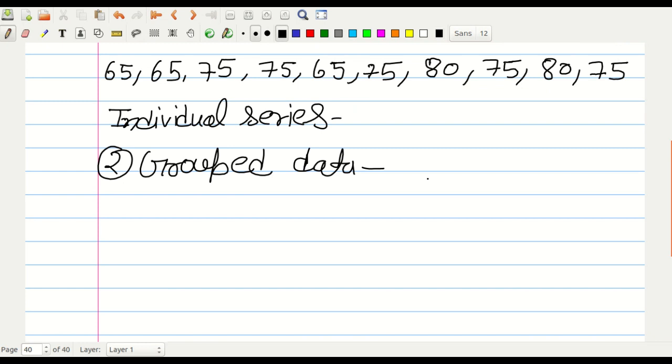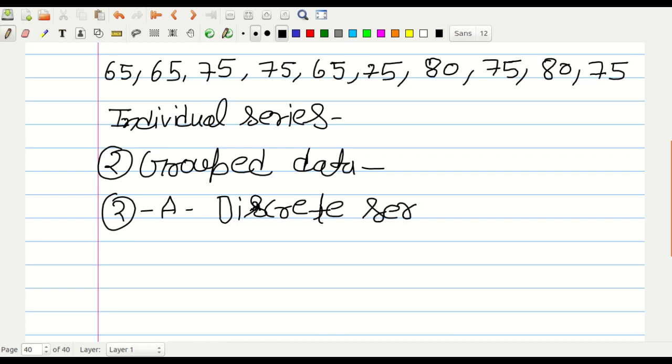there are two types of group data. The first one is discrete series. I am writing 2A here. So first one is discrete series. And the second one is continuous series.